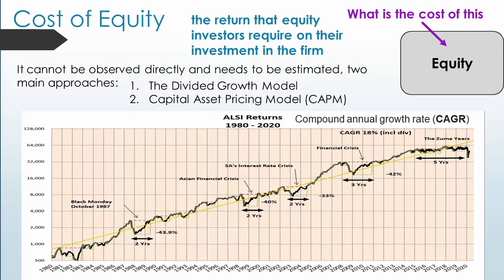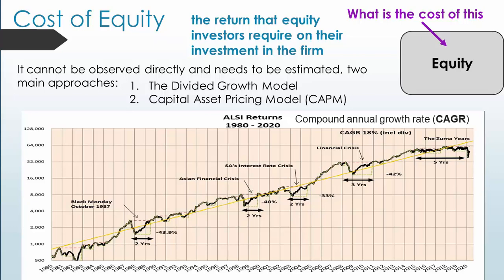It's a cost that we can observe rather than one we know exactly. To observe that, let's look at the All Share Index returns in South Africa for the last 40 years. You can see this interesting graph, and it shows how the returns on the stock market do go up and down, and there have been periods of big drops. In 2020 we're actually hitting a drop at the moment with the whole situation with COVID.